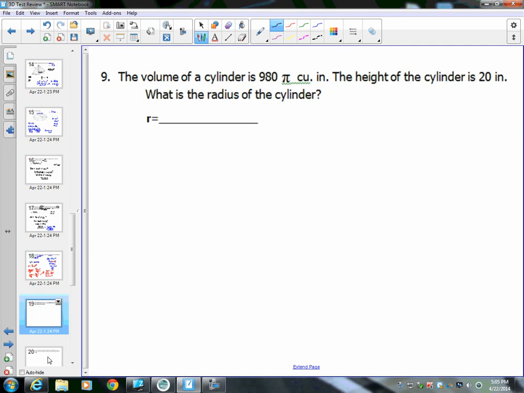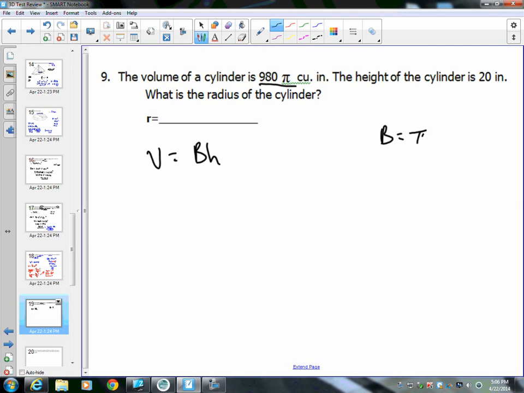The next question: the volume of a cylinder is 980 pi cubic inches. The height of the cylinder is 20 inches. What's the radius? So we're going to use the equation for volume of a cylinder, which is big B times h. And remember, big B stands for area of the base. Well, the whole shape is a cylinder, so the base is a circle.